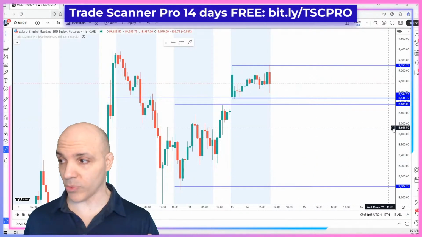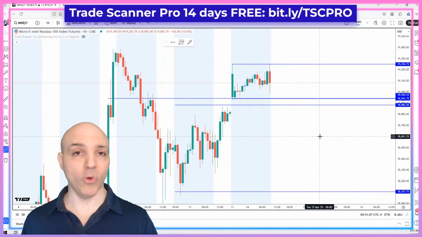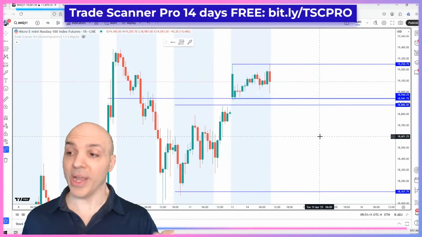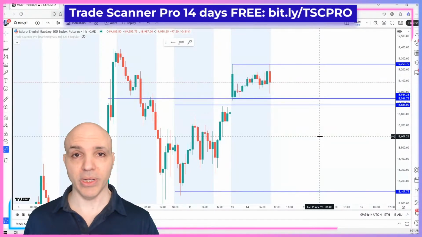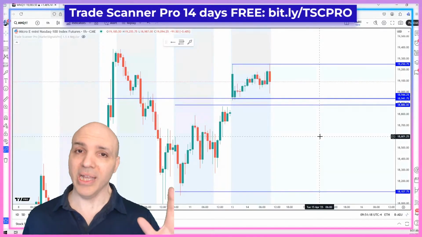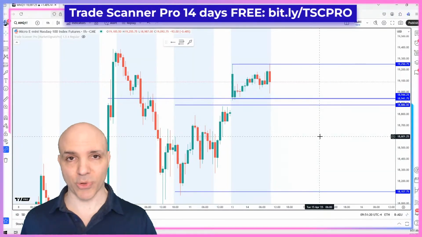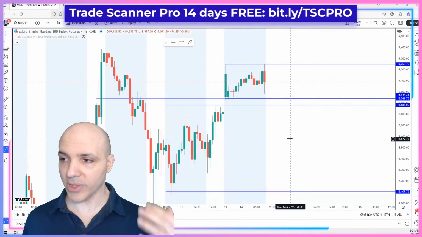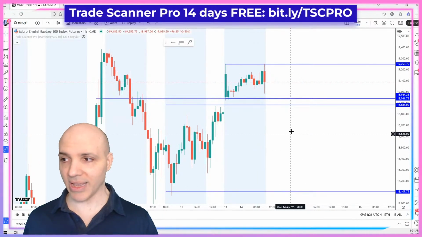Trust me, I've worked with it, and it's cool when it works, but it's very random. It can give you some useful information, like levels. But as far as trying to play the breakout, it's not as simple as they try to make it out to be. But if you understand how to use that information, it can give you some insight.